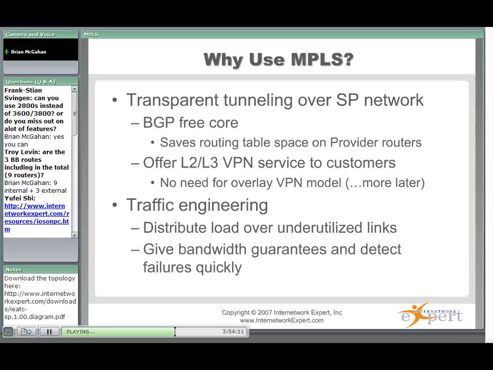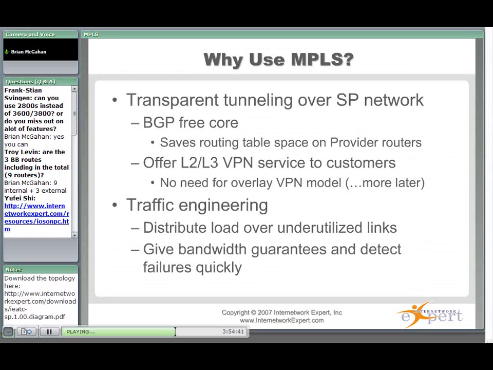So traditionally with VPNs, if you're a customer and you have a site in New York and you have a site in Los Angeles, if you want a private network between these sites, you're going to purchase something like Frame Relay or ATM, depending on what your access speed you want into the network is going to be. Now, the problem with this from the service provider's perspective is that you're going to need to have that infrastructure end-to-end between those two sites in order to provide that layer 2 transport between the customers.